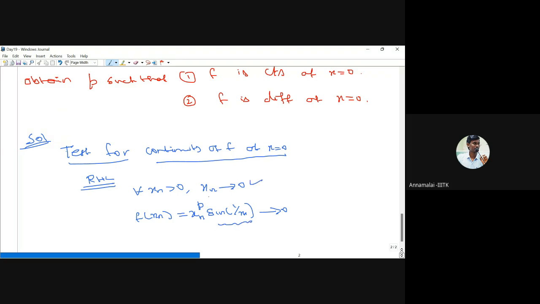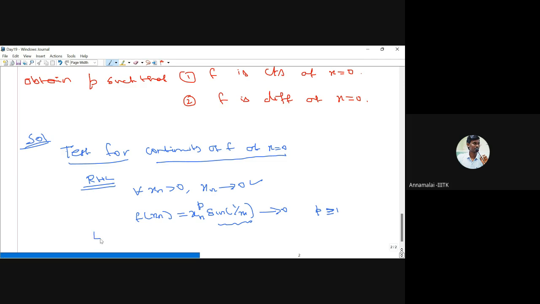Therefore, at least p should be 1. Therefore, this converges to 0 only when p is at least 1, greater than or equal to 1. If p is greater than or equal to 1, this always converges to 0. Therefore, the right hand limit exists and the limit is 0.